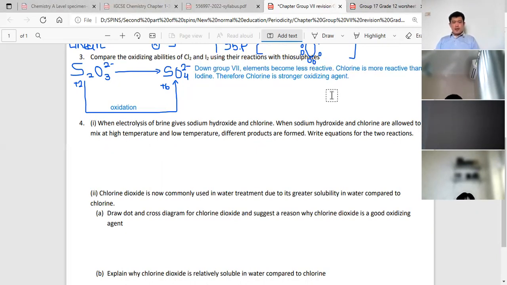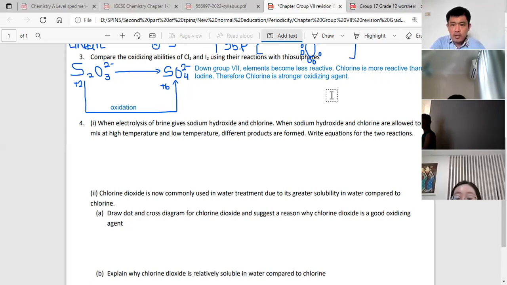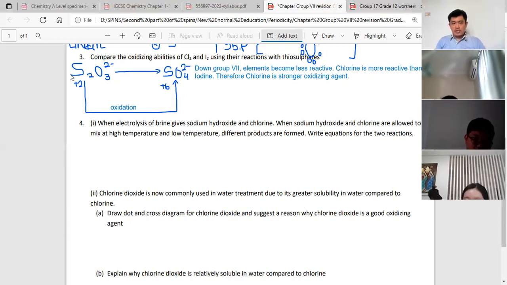Okay, and then number 4.1. Electrolysis of brine gives sodium hydroxide and chlorine. When sodium hydroxide and chlorine are allowed to react or mix at high temperature and low temperature, different products are formed. Write equations for the two reactions.